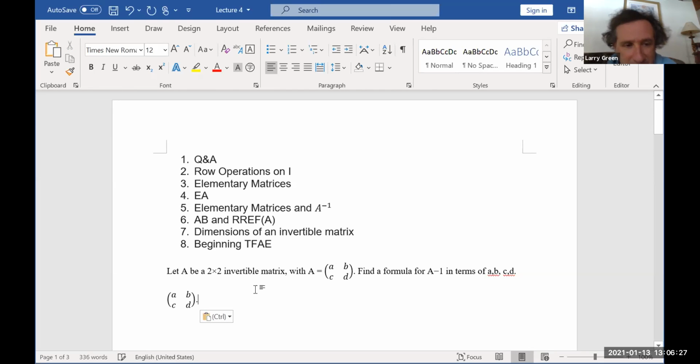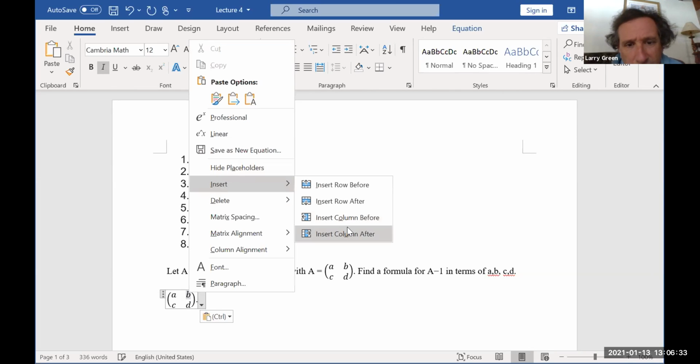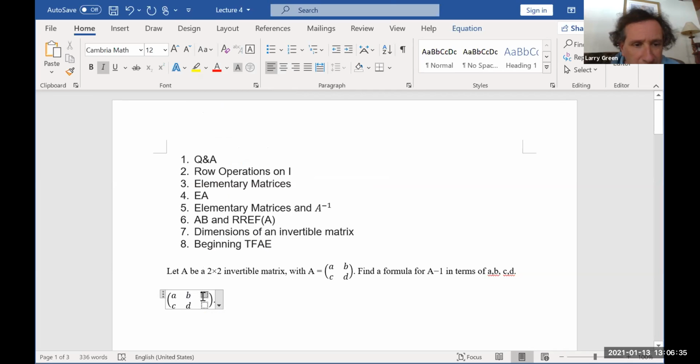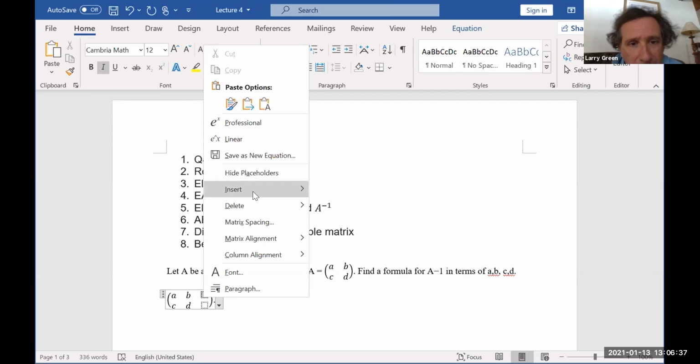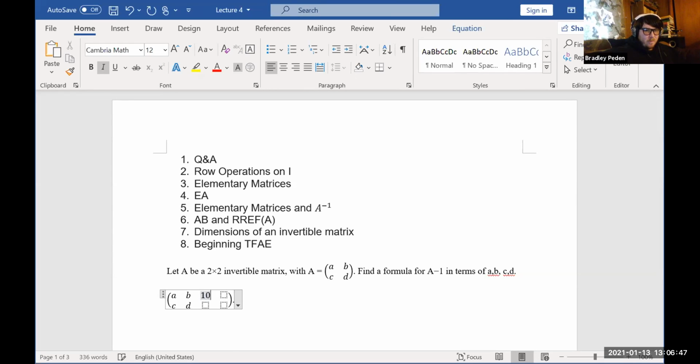If I remember, that should work. Okay, so what numbers do I put right here? 1 0. Good. And then 0 1.